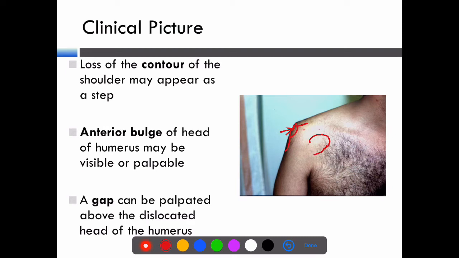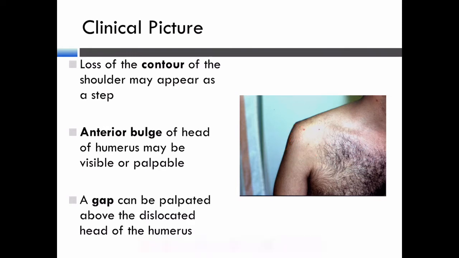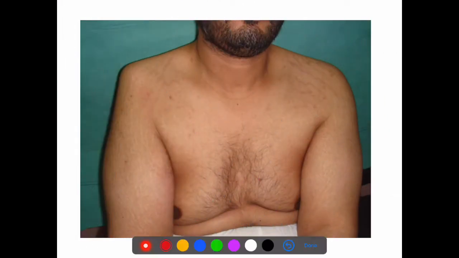Often you can find the humeral head lying in this area. You can feel a globular bulge which moves along with the movement of the arm. You can see this is a typical deformity in shoulder dislocation.